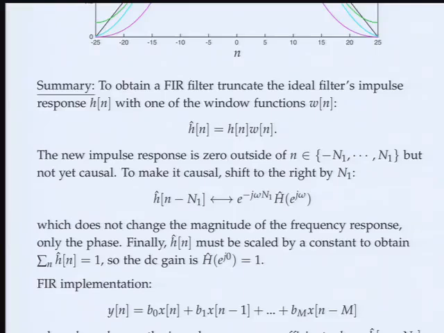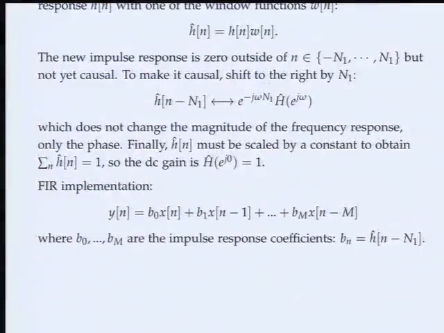It will have this form, and those coefficients, B0, B1, etc., of the FIR filter will come from what we designed for our h hat after the scaling, of course. This assumes the scaling has already been done. So that's a summary and also a quick review of Fourier transform as a byproduct.